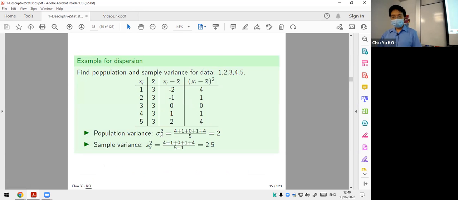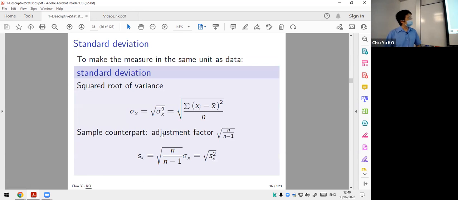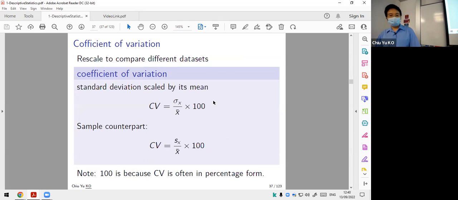Okay, so standard deviation is the square root of that, and just to remind you that is to make sure of the same measurement unit. And a related one is the standard deviation divided by the sample mean. This is useful because in this way it's not affected by the mean, right? For example, that's what you are doing when you take an exam, right?